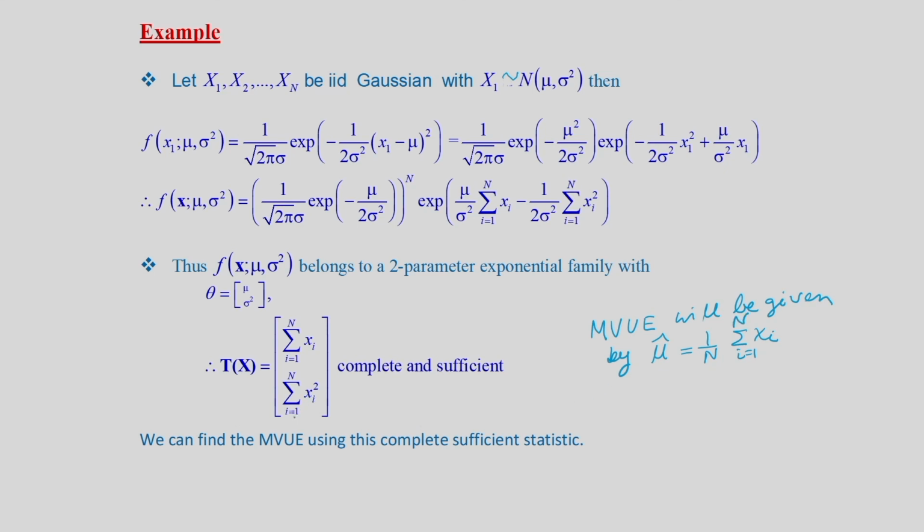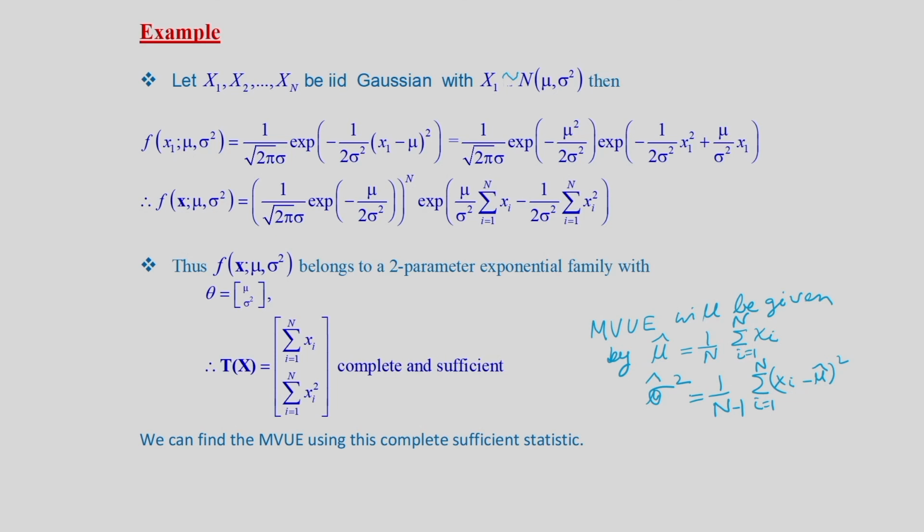And for the other one we can show that the sigma hat square estimate will be equal to 1 by n into summation xi minus mu hat whole square, i going from 1 to n. This is not n, this is n minus 1. Then this estimator will be unbiased, and this is the MVUE for sigma hat square.